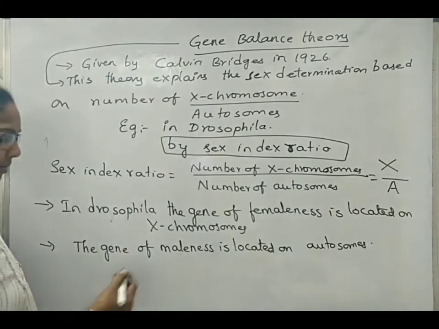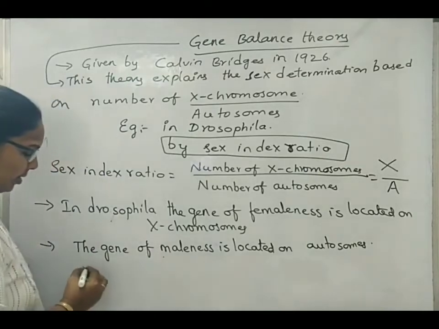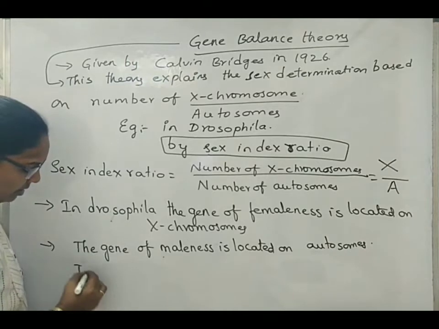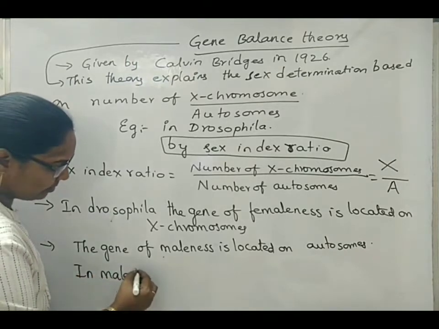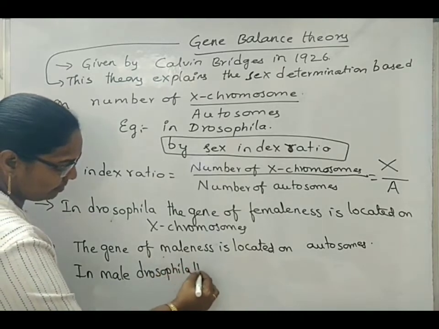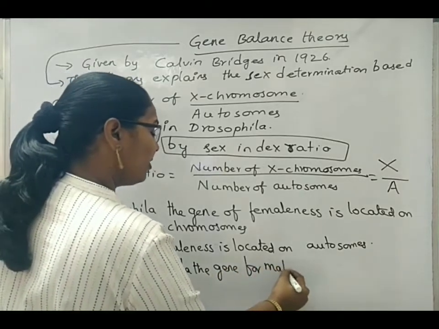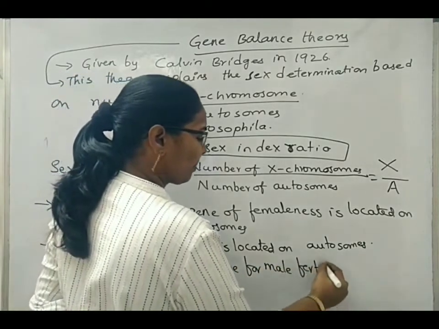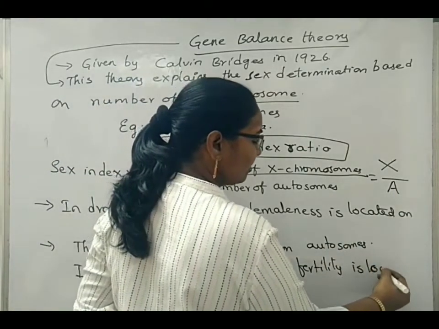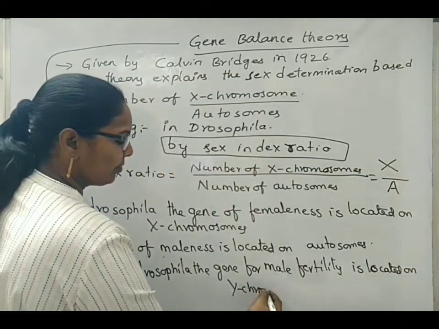Next, in case of male Drosophila, there is one extra point also. In male Drosophila, the gene for male fertility is located on Y chromosome.